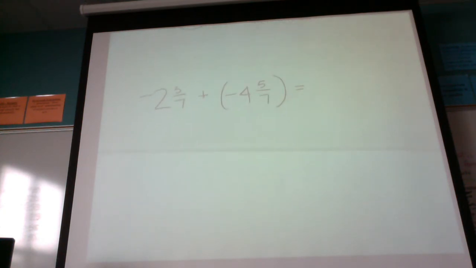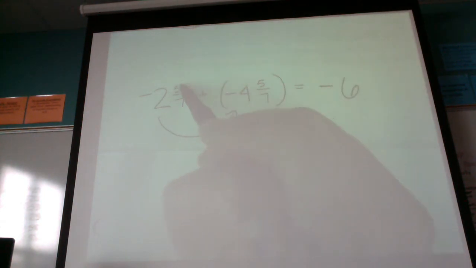Here I have negative 2 3/7 plus negative 4 5/7. So if we remember, our adding rules are different than our multiplying. So if I'm adding two negatives together, its answer is still going to be negative, and I'm just going to add them. So negative 2 plus negative 4 is going to be negative 6. 3/7 plus 5/7 is going to be 8/7.